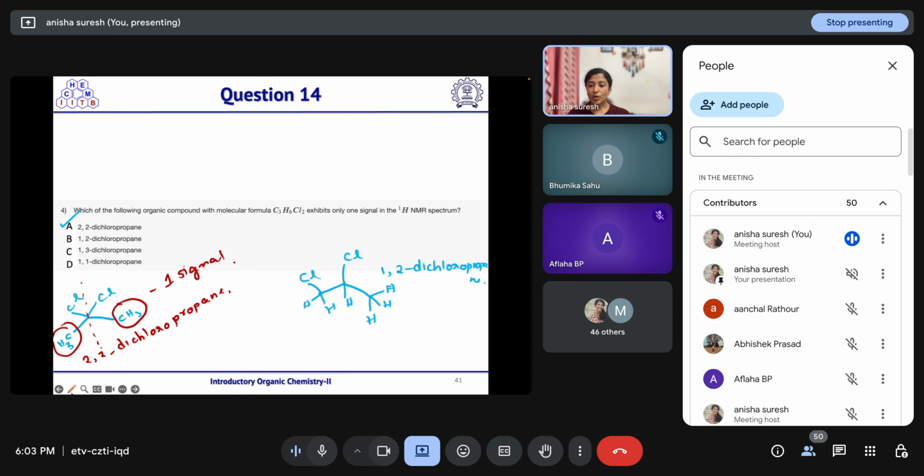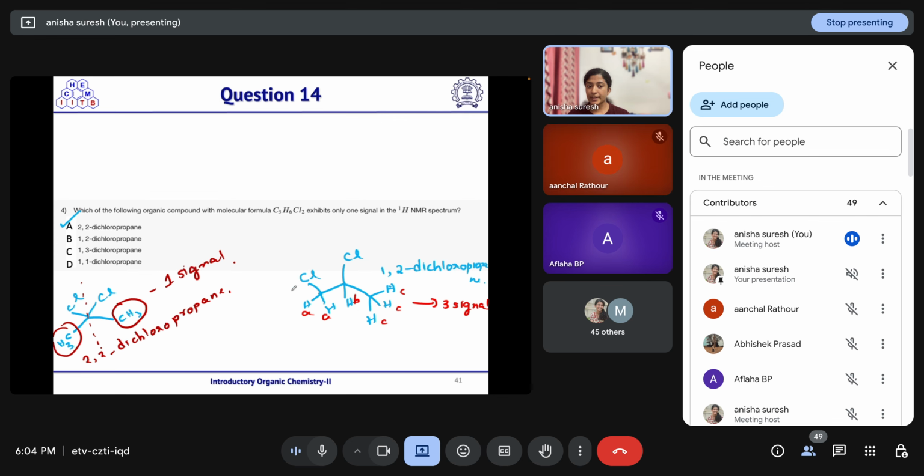Okay. So all these hydrogens can be labeled as A, B, C. So these will be in different chemical environments, and because of that they will be exhibiting three signals. Right? This is the case of 1,2-dichloropropane. Clear?